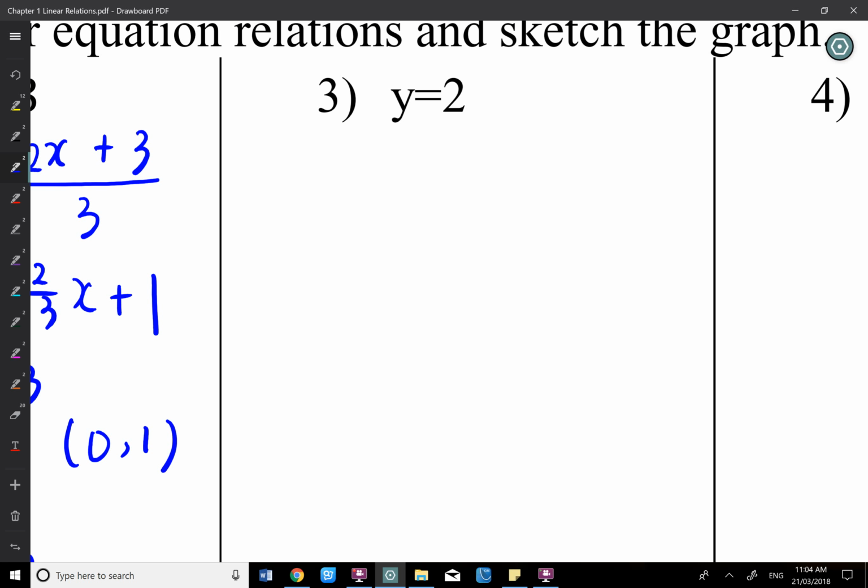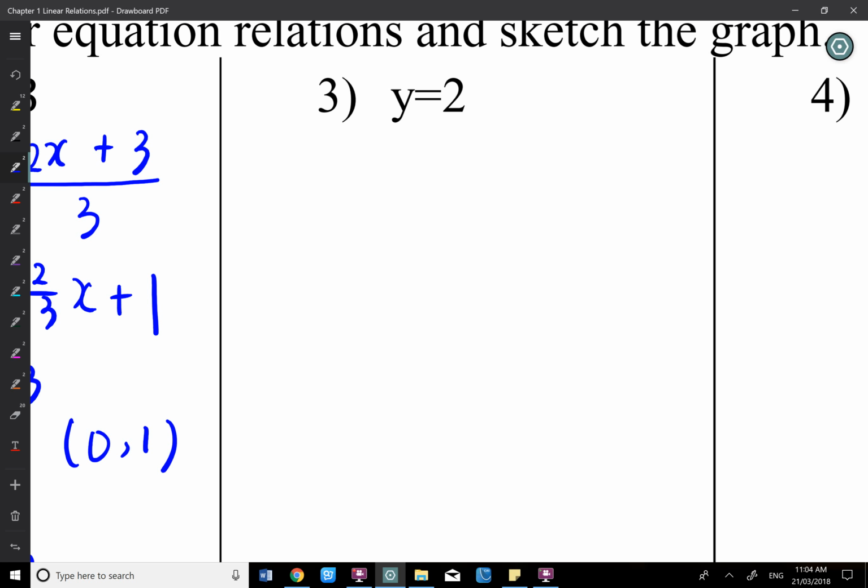It's a special type. Yeah, what is that called? So this is a straight line. Horizontal straight line. Okay. Why is it a horizontal straight line?